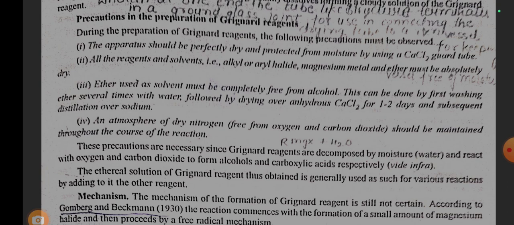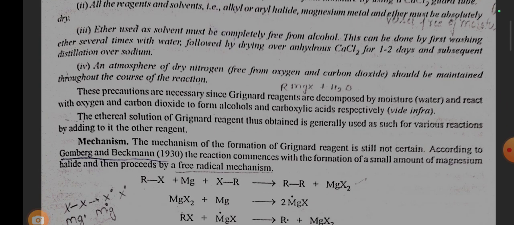This can be done by first washing ether several times with water, followed by drying over anhydrous CaCl2 for 1 to 2 days and subsequent distillation over sodium. Number 4. An atmosphere of dry nitrogen should be maintained throughout the course of the reaction.